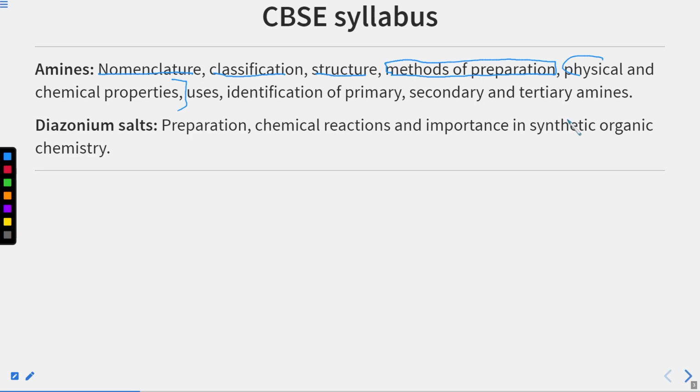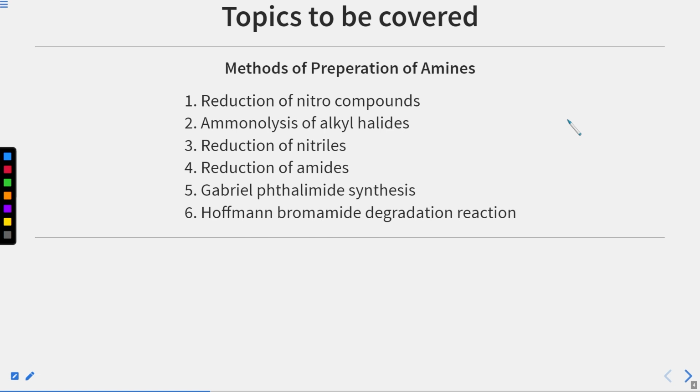In today's class we will see the methods of preparation. We will take different types of substrates and react them with appropriate reagents to get our final amine. First we will take a nitro compound and reduce it using an appropriate reducing agent to get our amine. Then the ammonolysis of alkyl halides, meaning treatment of alkyl halides with ammonia.